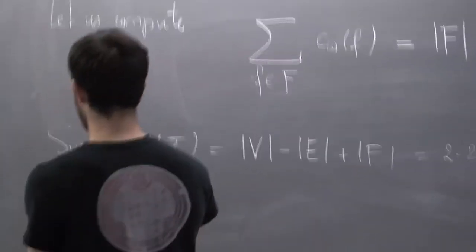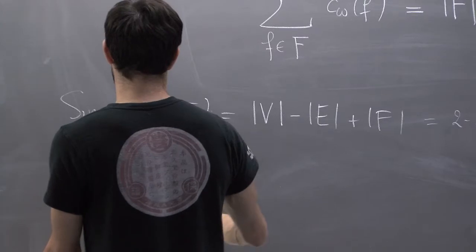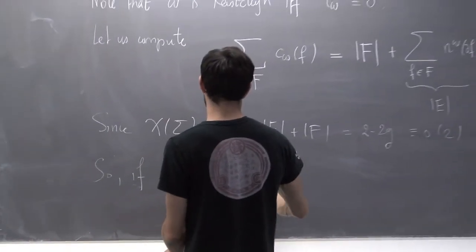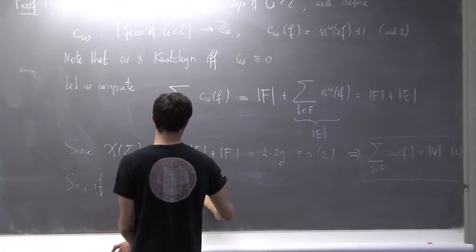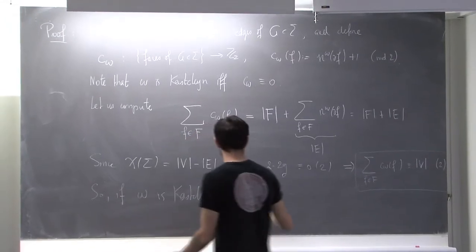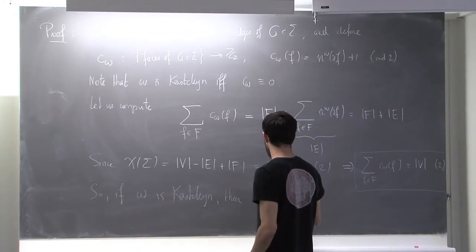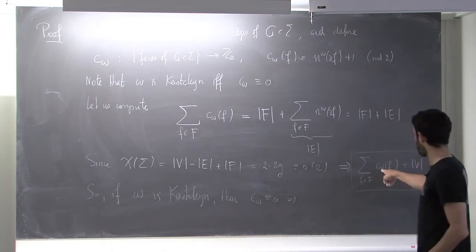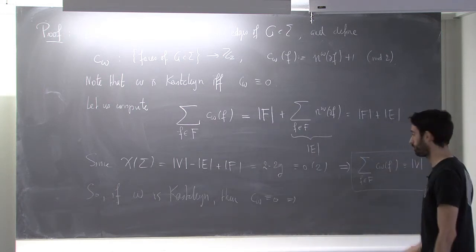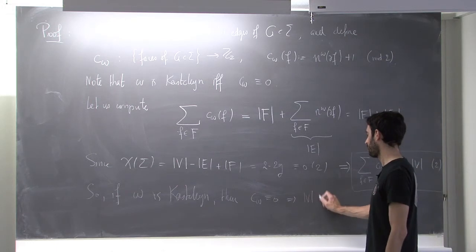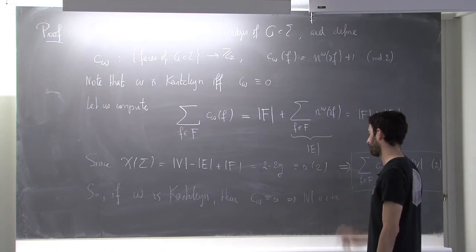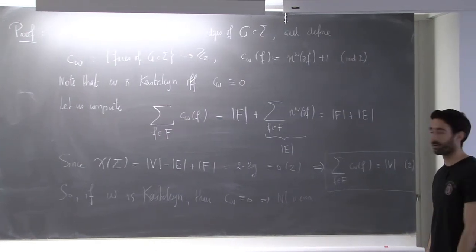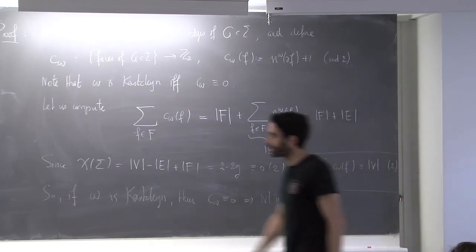Well, so let us assume that if omega is Castellan, then it means that C omega is always 0. It means that when we do this sum with this omega, we get 0. That shows one direction.